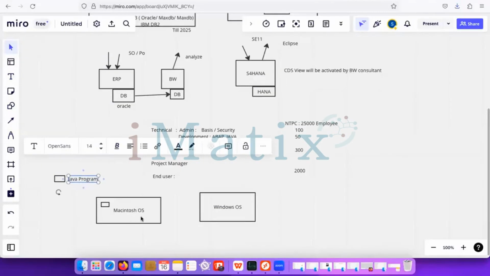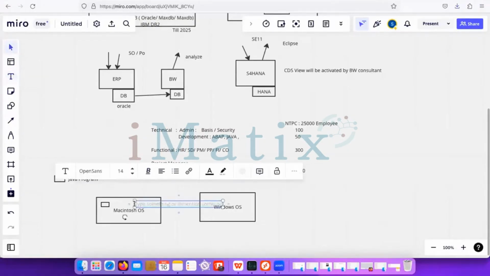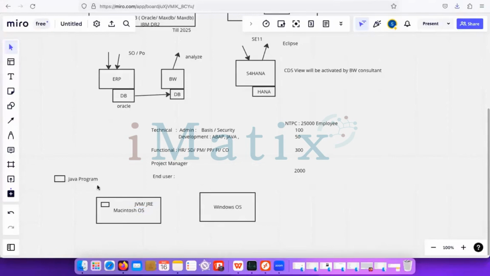To run the Java program, what we require? Java Virtual Machine. Yes, we require the JVM or JRE, Java Virtual Machine or Java Runtime Environment. We don't have to write 2 programs. One Java program can be run in Macintosh, Windows, or it can be run on the Linux operating system also.